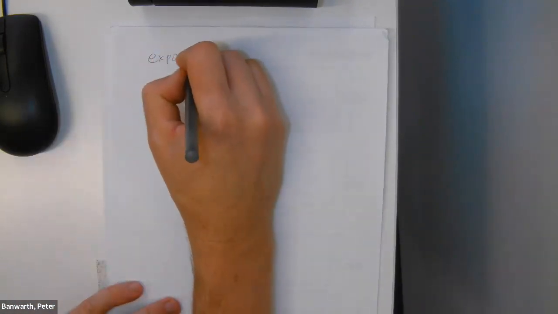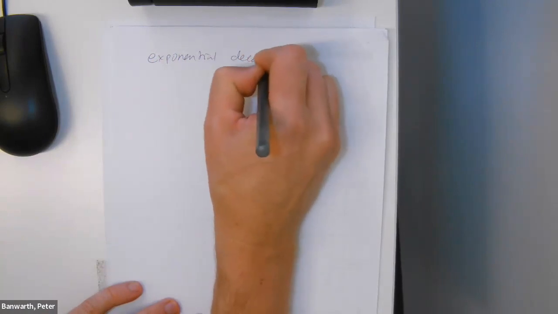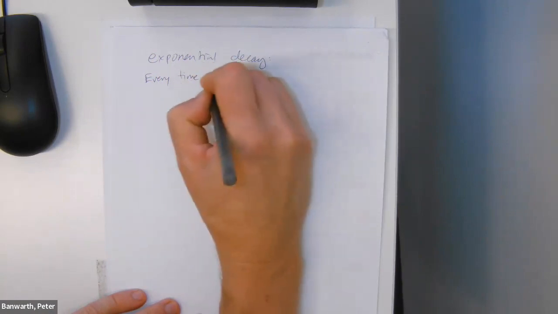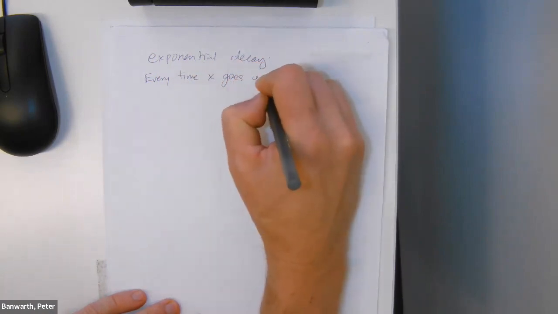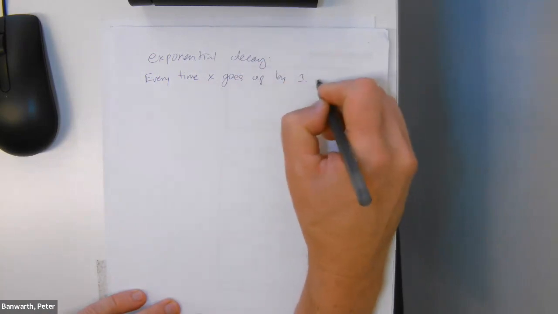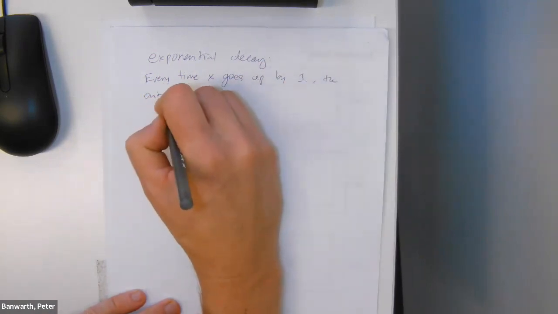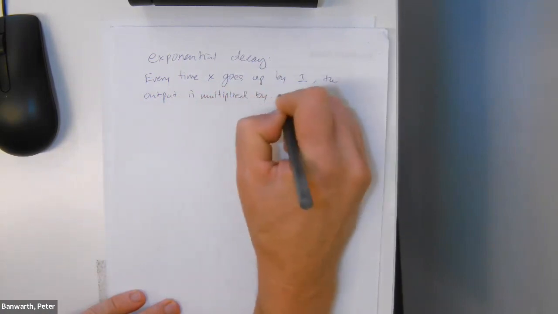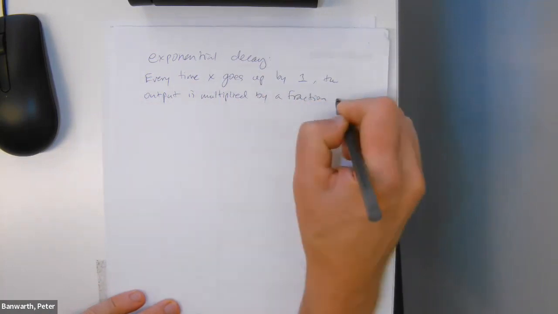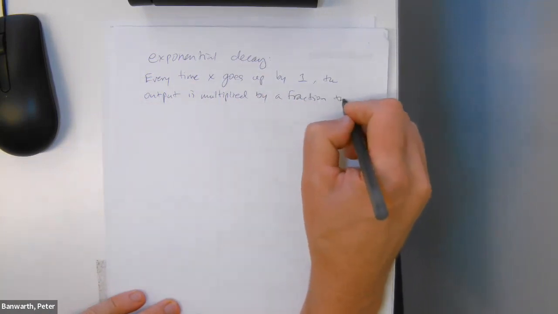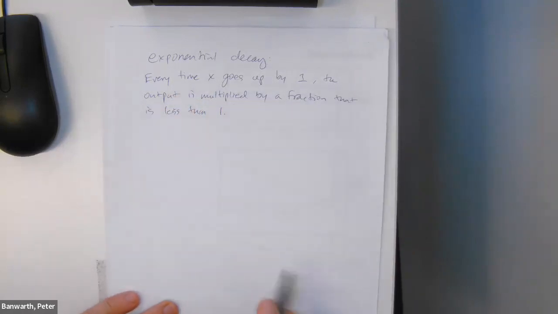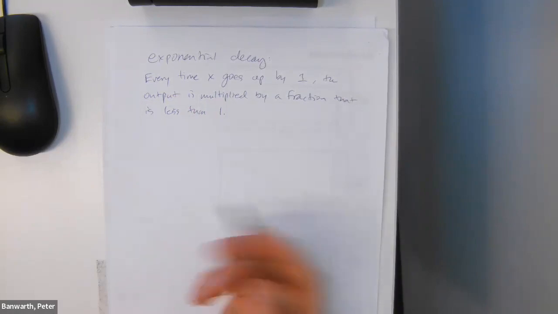But we can also do exponential decay, which is every time X goes up by 1, the output is multiplied by a constant fraction that is less than 1. So I'll do 2 quick examples.